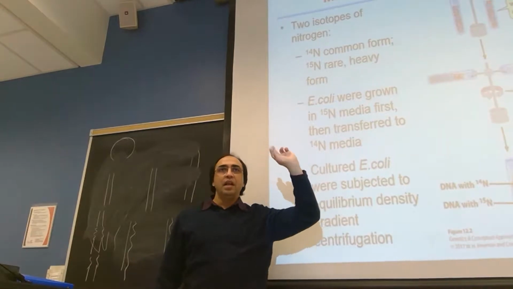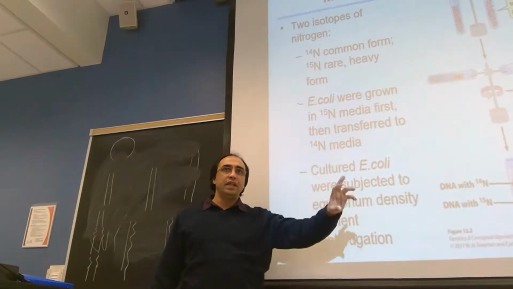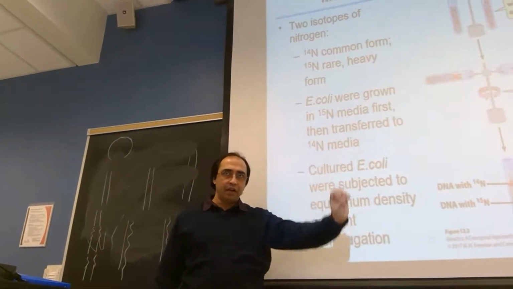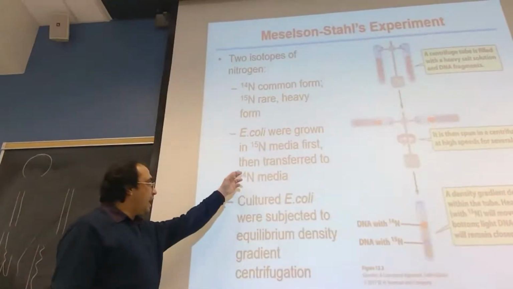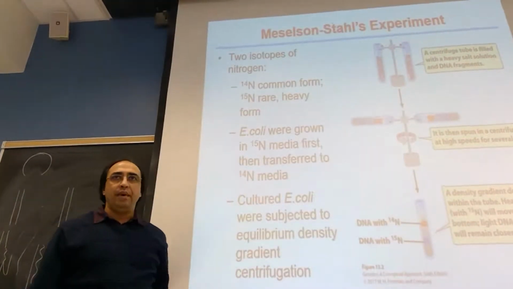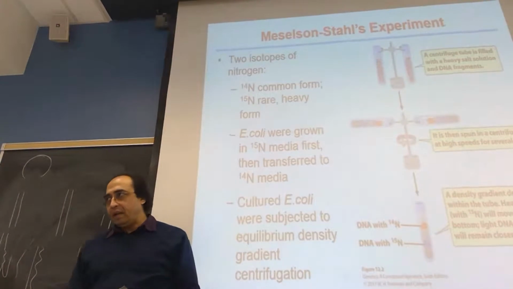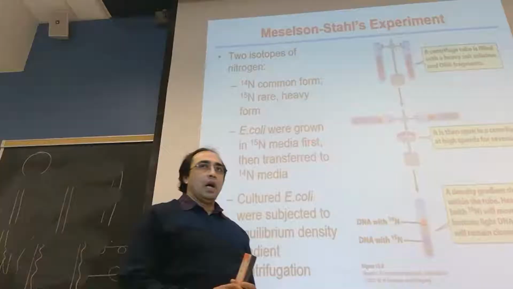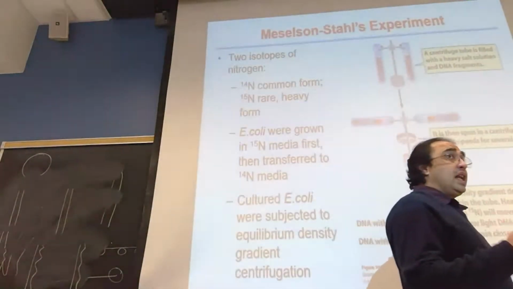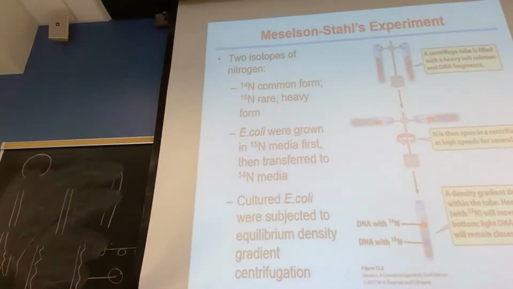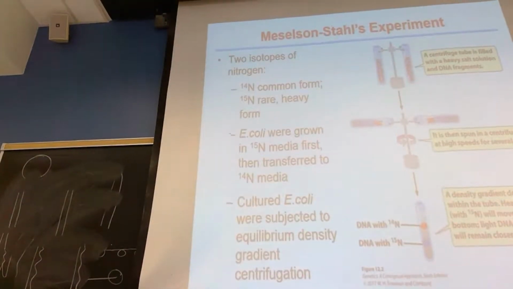Clear? That means if you take this E. coli, you will find all 15N nitrogen there. Then they cultured that one in 14N media. What does it mean? When the new DNA is formed, all the new DNA would contain that 14N nitrogen.